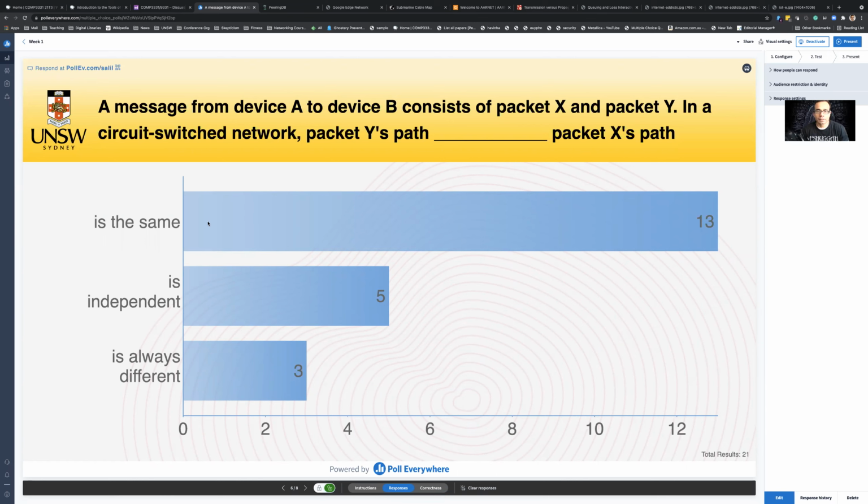The question doesn't talk about resetting circuits or anything like that. So the assumption is that you establish the circuit, and all traffic being sent from device A to device B follows that same path. All data chunks being exchanged between those two endpoints have to follow that same path. So the answer would be is the same in this case.